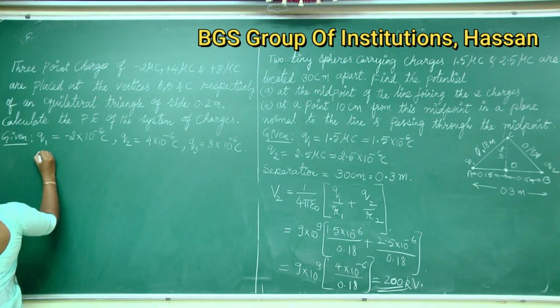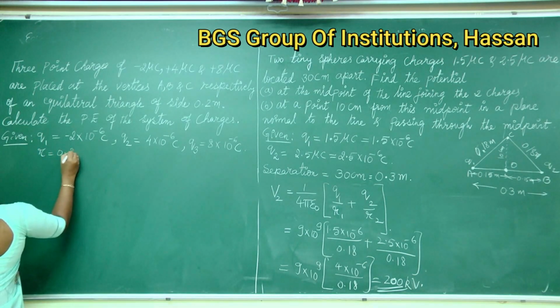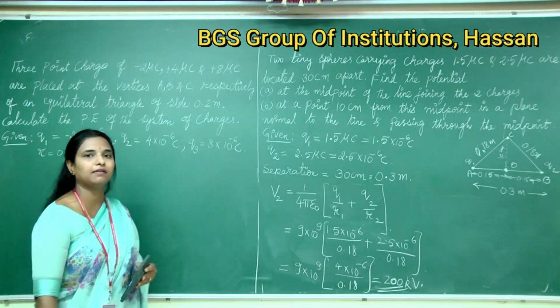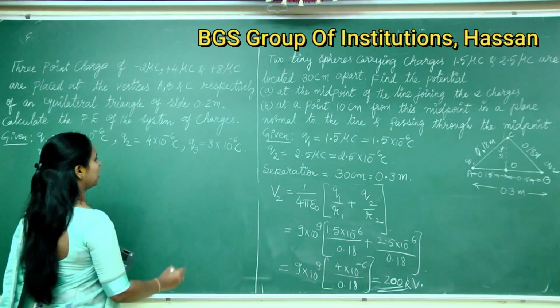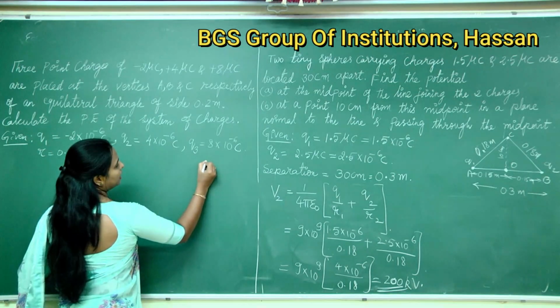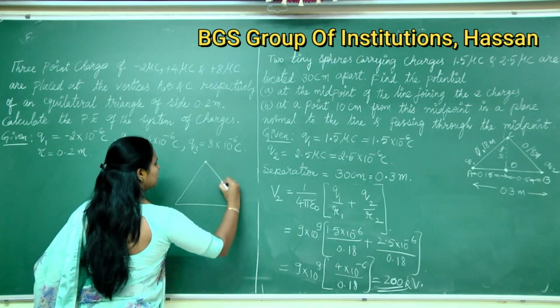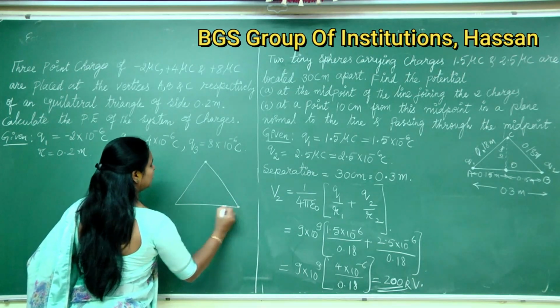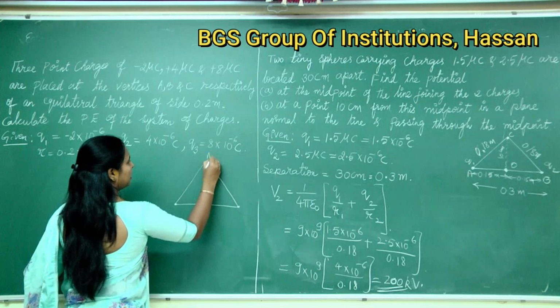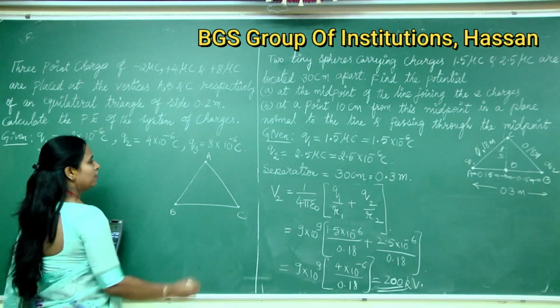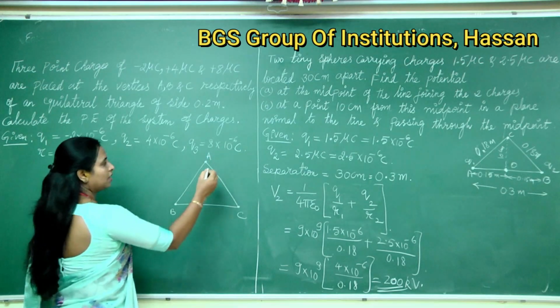It is 0.2 meter. In meter itself they have given, so need not to worry. Now draw the equilateral triangle. Take it as A, B. And what is the charge kept at A?